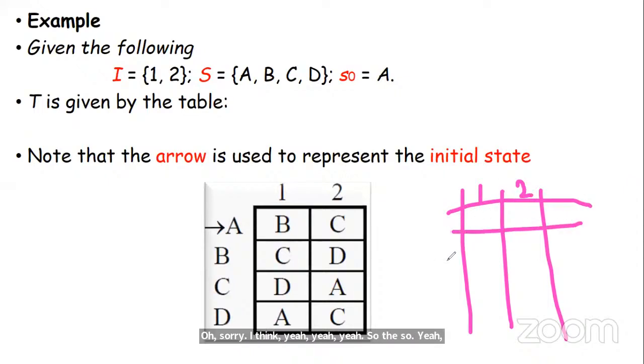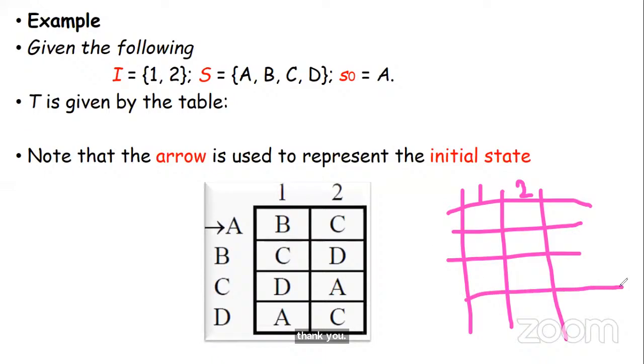Right. So you now look at the set of states. You have A, B, C, D. So these arrows. So this is how to translate from a state diagram to a state table.